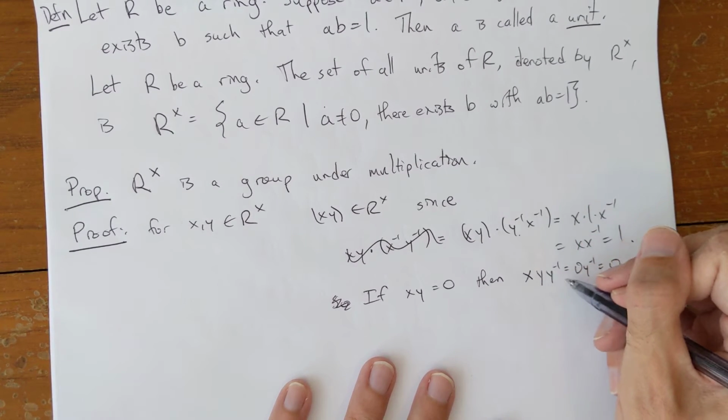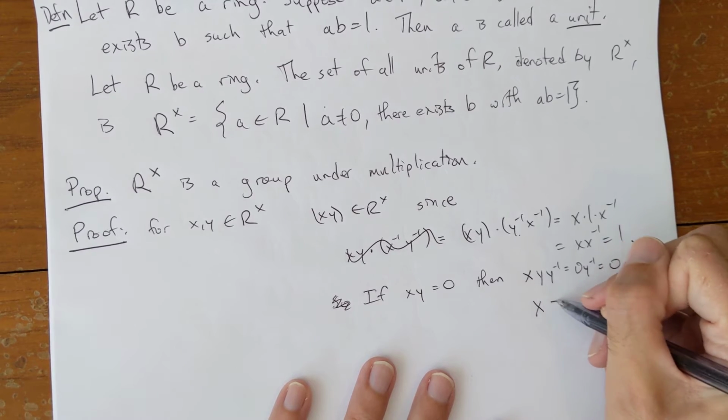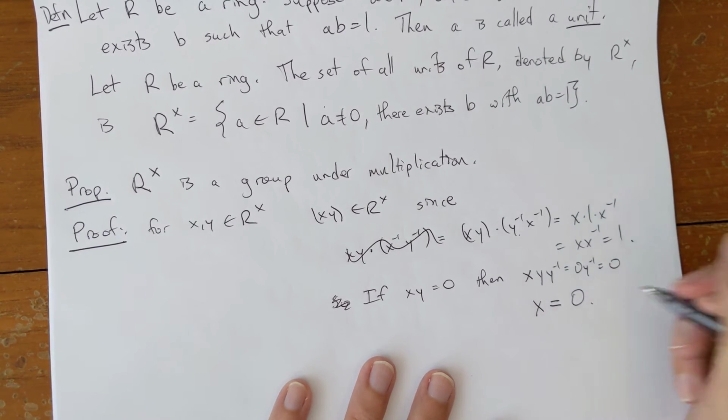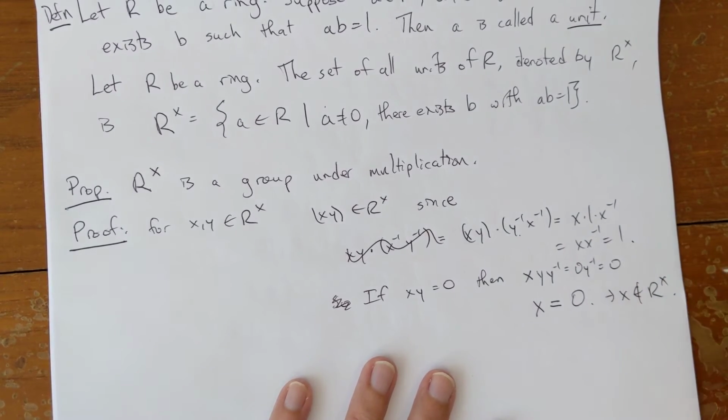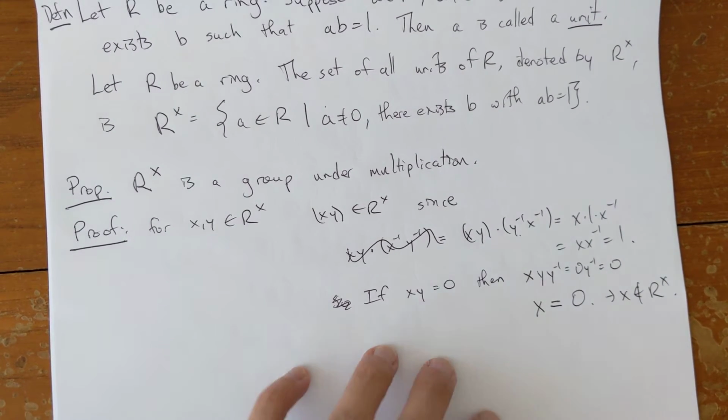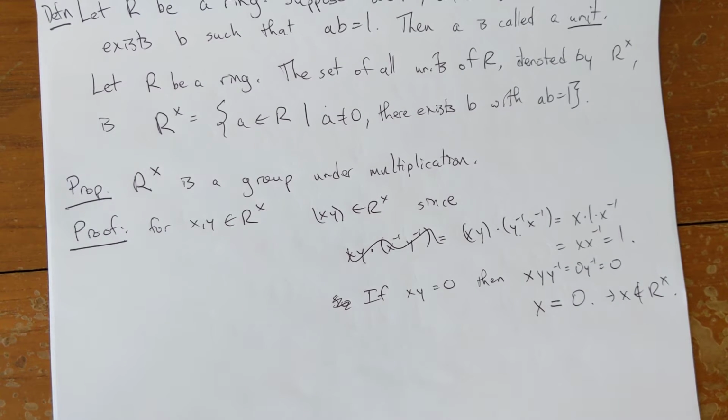But x y inverse is x times 1, which is just x. So x equals 0, which means that x is not a unit. Okay, that's just kind of like some technical thing.